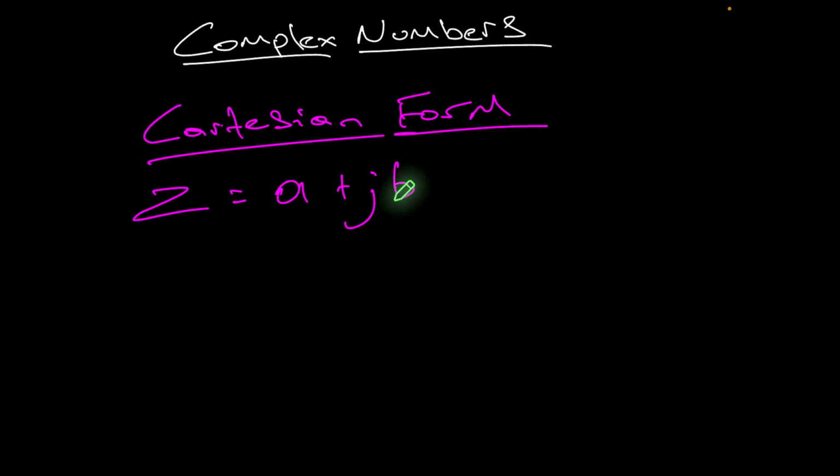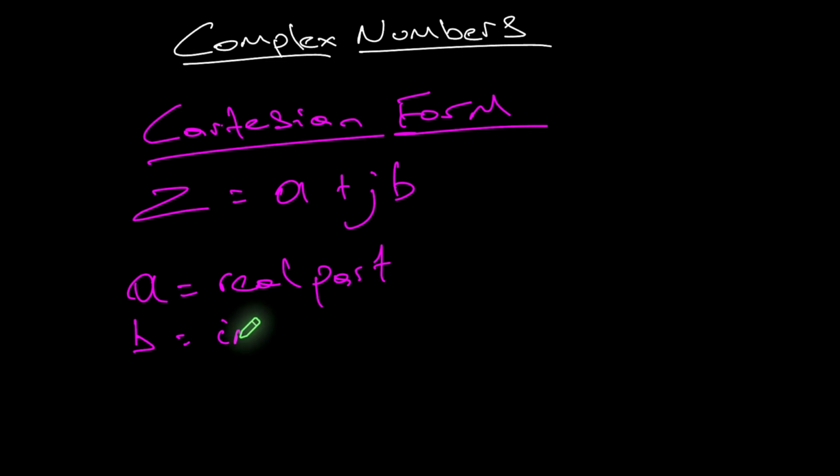Now in this, remember that j represents our root of -1, and a will represent our real number. So this is typically seen as the real part of the complex number, and b is our imaginary part.